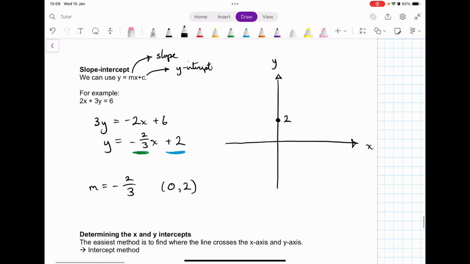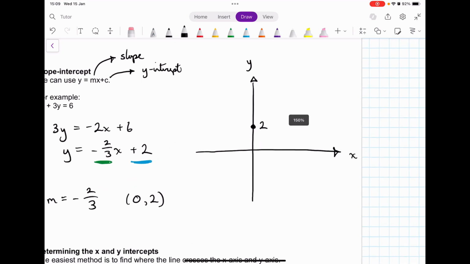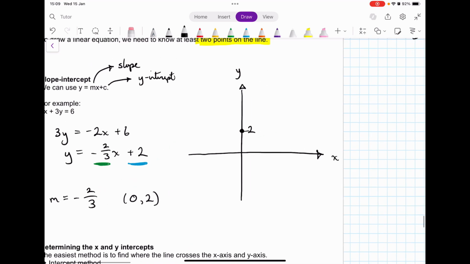And what does that mean? Well, slope means rise over run. So this basically means every time you go across 3, you will go down by 2, right? Because it's a negative slope. So every time you go across by 3, you will go down by 2. So this will be a point on your line, right? And then you would do the same thing.